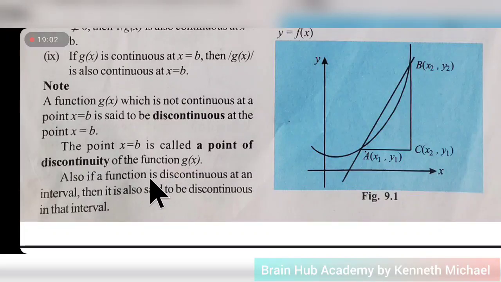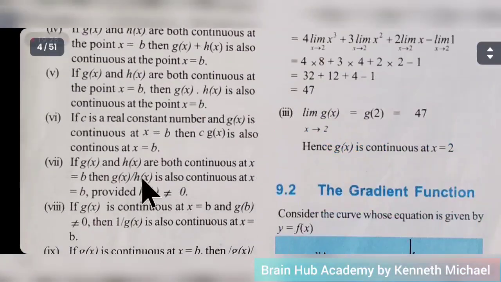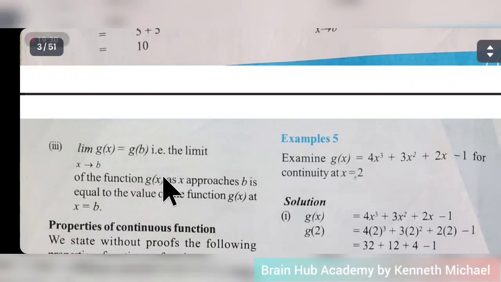The point x equals b is called a point of discontinuity if the function g of x is not continuous there. Also, if a function is discontinuous on an interval, then it is also said to be discontinuous in that interval. All right, so that is all about the properties.